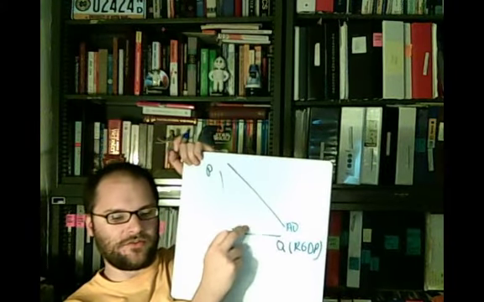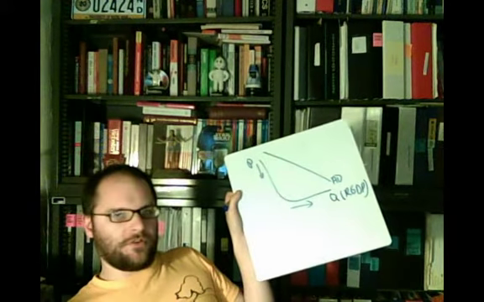So the question is, why is there an inverse relationship between the price level and real GDP? There are three reasons, actually: the real balance effect, the interest rate effect, and the international trade effect.